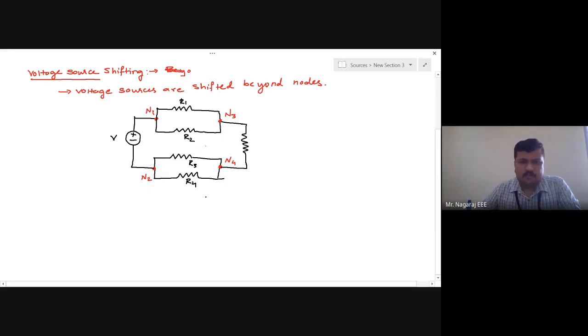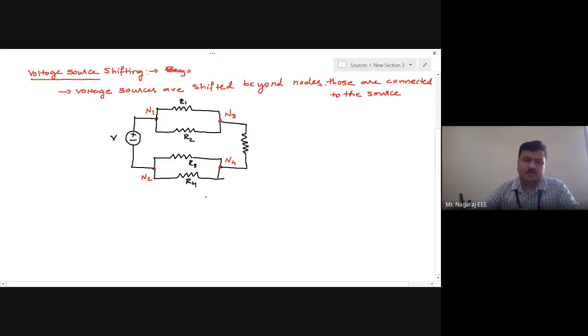Now we have to shift this voltage source of V volts beyond the nodes. It is given that voltage sources are shifted beyond the nodes. Beyond which nodes? That is important. Beyond the nodes connected to the source, not every node.